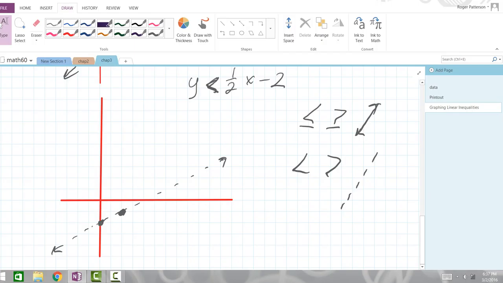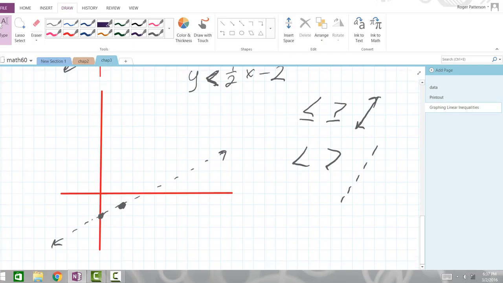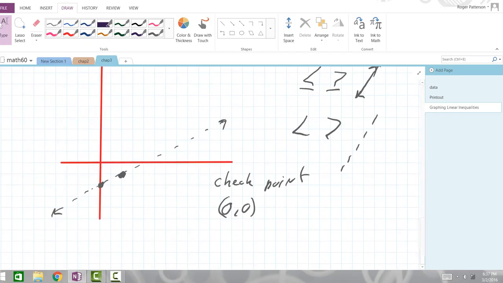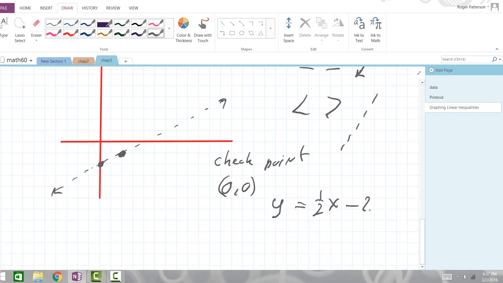All right, and now I have to decide which way I'm going to shade. So if I'm a checkpoint person, then I'm going to put a checkpoint in there. Which point would I pick for that? Yeah, 0, 0 would be the great checkpoint. Okay, so let's see, I have y equals 1/2 x minus 2. 0 here, 0 here.